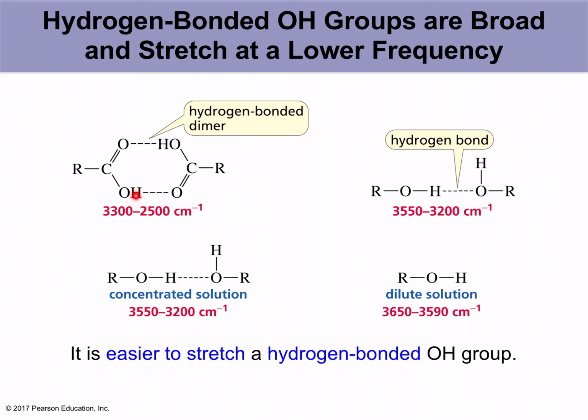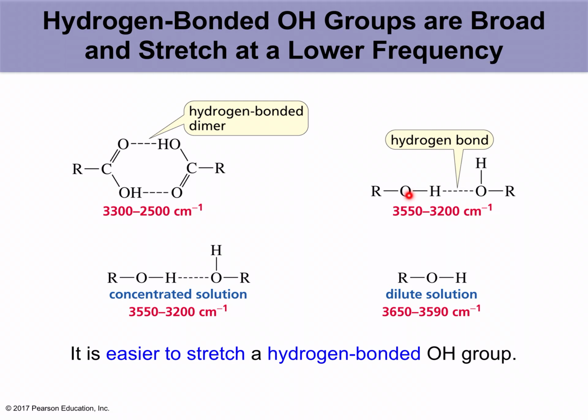Right? Now, we are comparing this with the alcohol. In the alcohol, you have an alkyl group OH, alkyl group OH. The hydrogen bond happens between the hydrogen of one alcohol and the oxygen of the other alcohol. Normally, due to the hydrogen bond, again the bond between this hydrogen and oxygen becomes weaker.